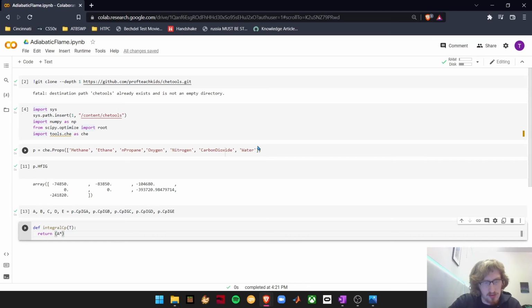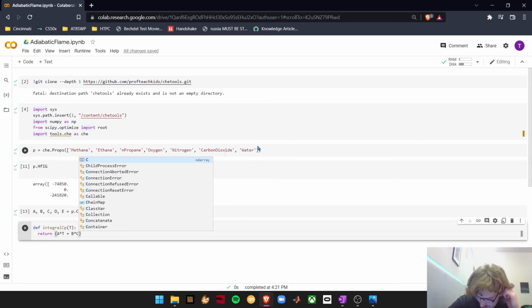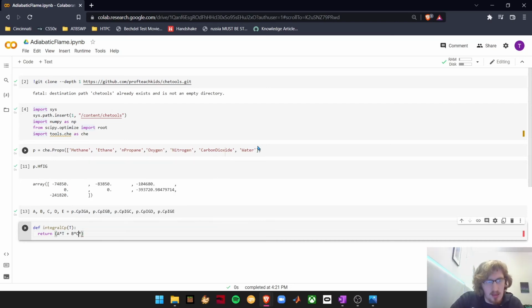And we're going to have it return A times T plus B times C. We wrote it down as tanh, but I'm going to write it as coth. And then these are technically in parentheses, so we'll leave it like that just to make it a bit easier to read.